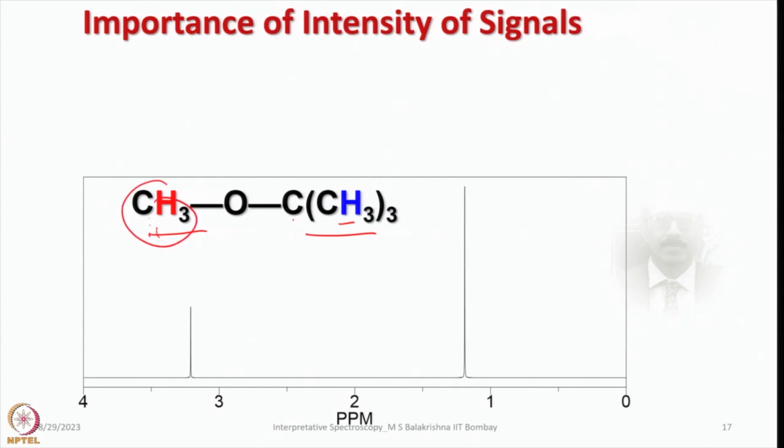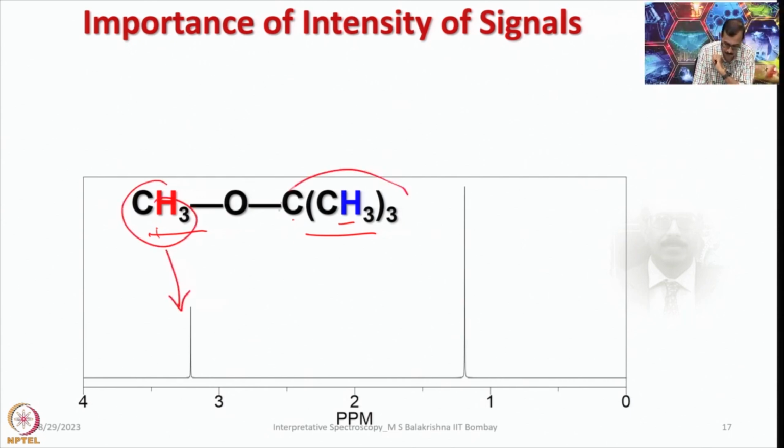So, this one shows a chemical shift here, and this one shows a chemical shift here, and if you just measure the intensity, it is almost 3 times. If this quantity is there, this is about 3 times here, you can see here 3 times, 1, 2, 3.